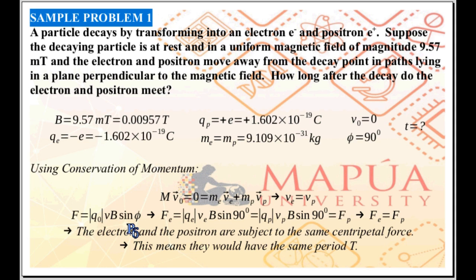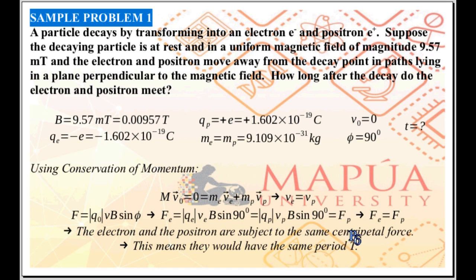Applying this with the electron, the magnetic force magnitude experienced by the electron is equal to absolute value of the electron charge times speed of the electron times magnetic field B times sine 90 degrees, the angle between the velocity of the electron and the uniform magnetic field.